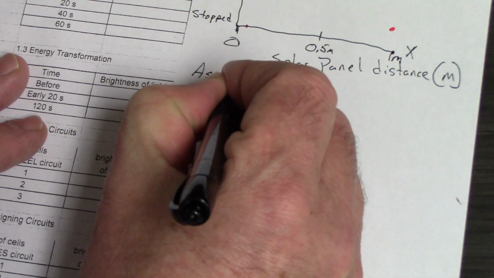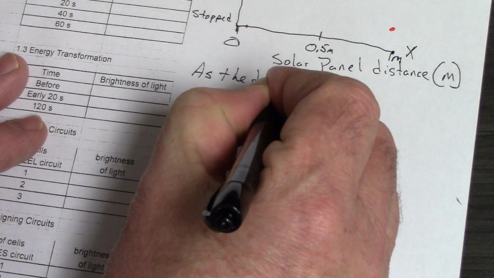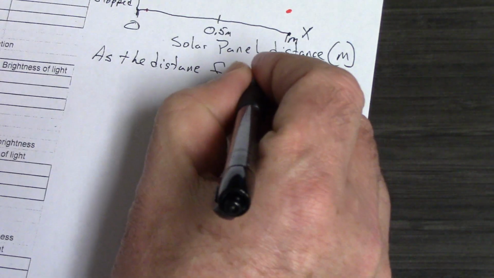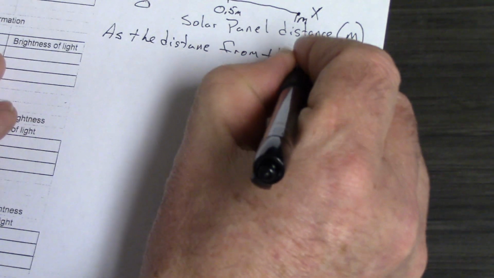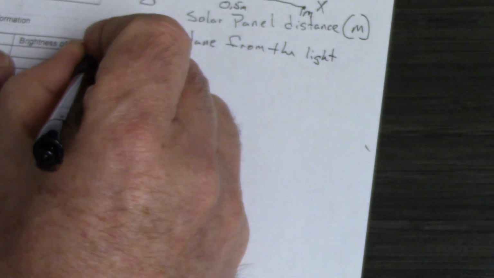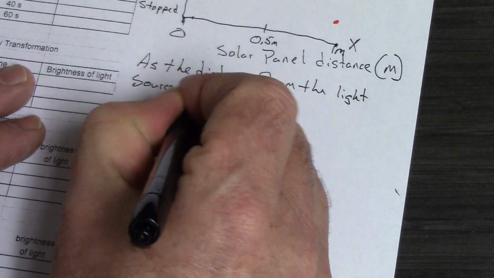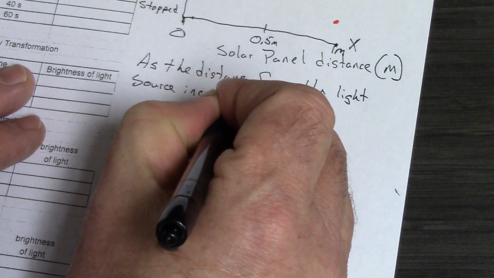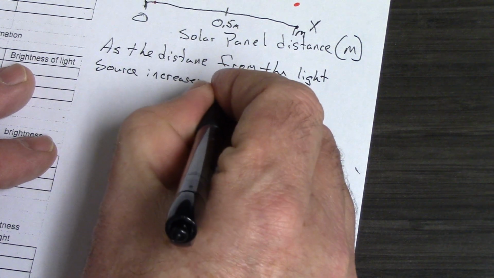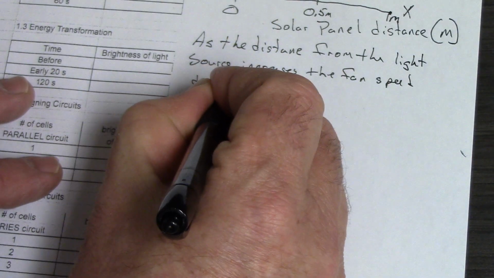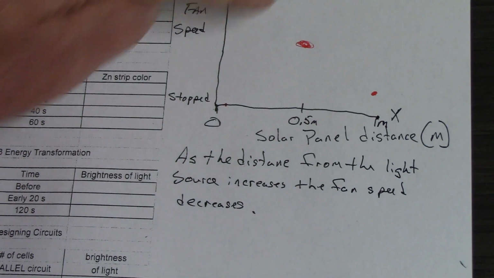As the distance from the light source increases, the fan speed decreases, period. This is a sentence that interprets this graph.